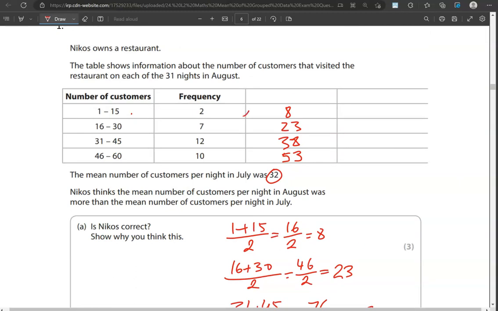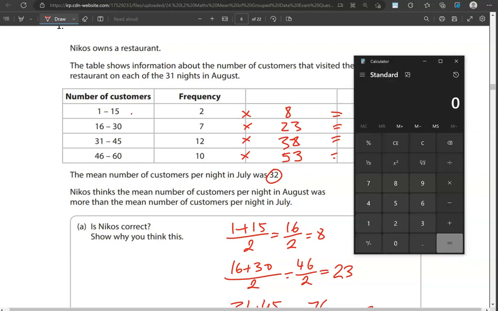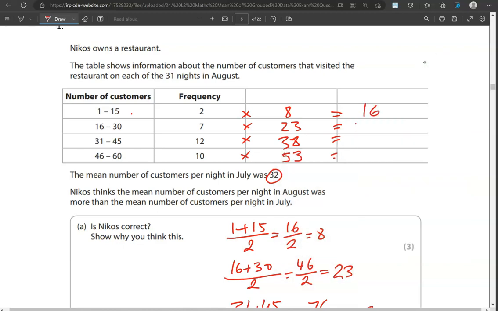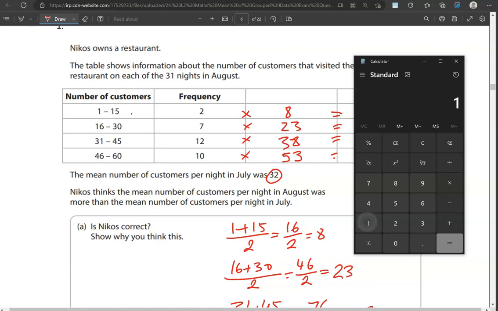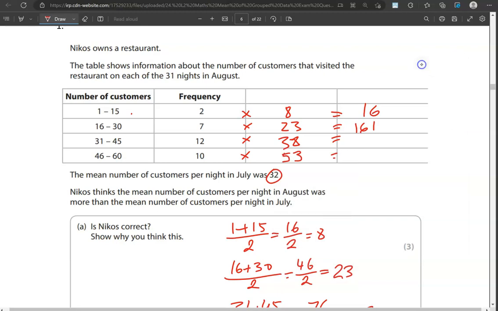So to work out the total, we're going to multiply these numbers together. So 2 times 8 gives us 16. 7 times 23 gives us 161. 12 times 38 gives us 456. 10 times 53 gives us 530.